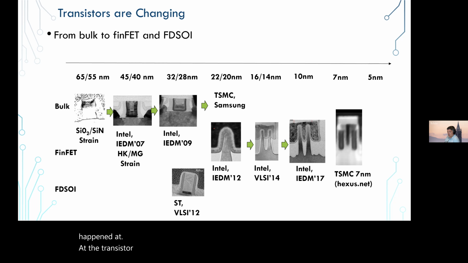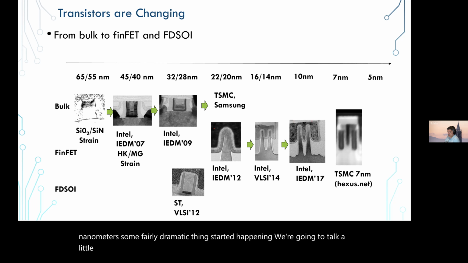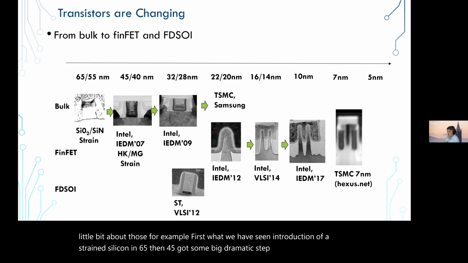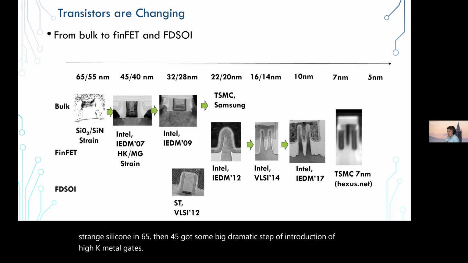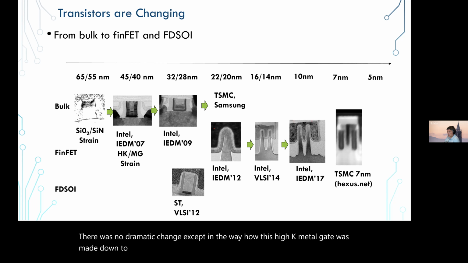They were just getting smaller. But then around 65 nanometers, some fairly dramatic things started happening. We are going to talk a little bit about those. For example, first, what we have seen, introduction of a strained silicon in 65. Then 45 was a big dramatic step of introduction of high-K metal gates, in addition to the strain. Then there was no dramatic change except in the way this high-K metal gate was made, down to 32 at 28 nanometers. And then there was a dramatic step from there.